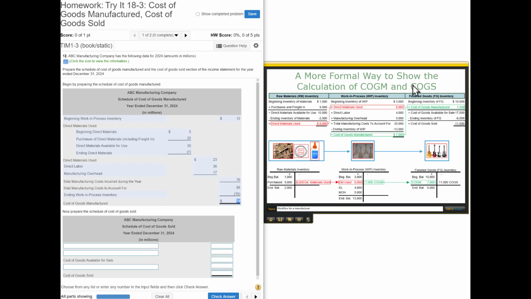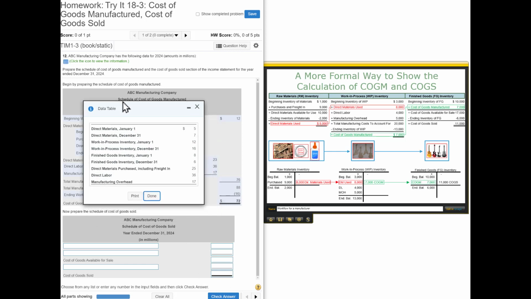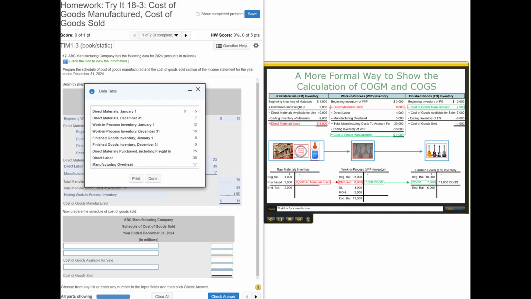Next, we need to replicate this, finished goods. We need to figure out how much is the cost of the goods that we sold. So what we do is we take the beginning inventory of finished goods, so right here, beginning balance of finished goods. So let's open up our thing again. And we're looking for beginning finished goods right here.